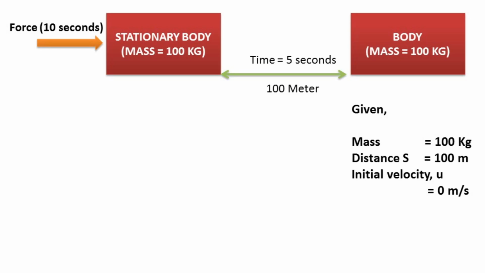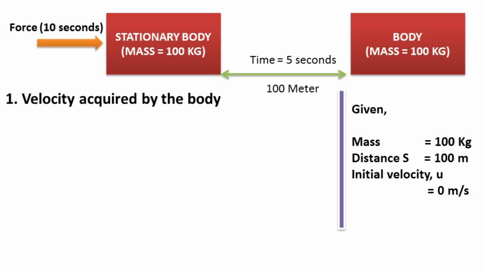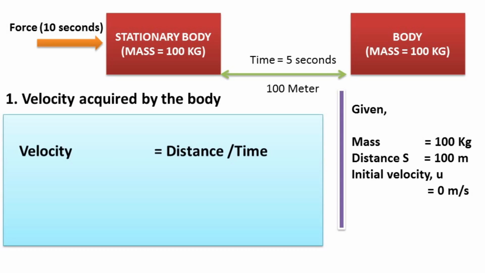First part, find the velocity acquired by the body. We know after the force is stopped, the body moves through a distance of 100 meter in 5 seconds. So velocity is equal to distance divided by time, that is equal to 100 divided by 5, which is equal to 20 meter per second.